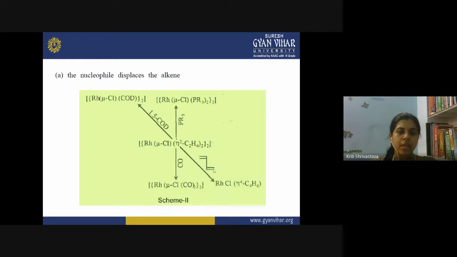But when butadiene attacks, it destroys the bridging nature of the chloro ligand, and now what will happen? One butadiene is attached to the rhodium in the product, and there is no bridging chloro present here. So this was scheme 2, in which the nucleophile displaces the alkene molecule.